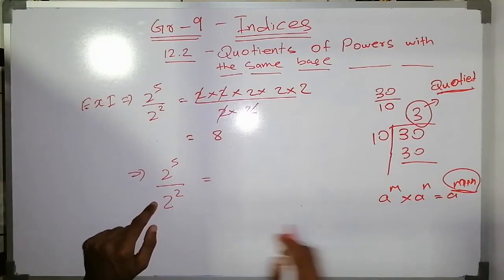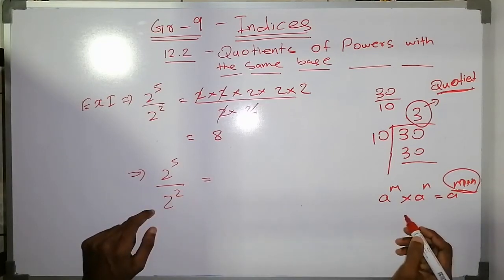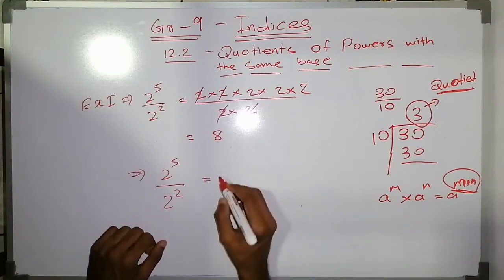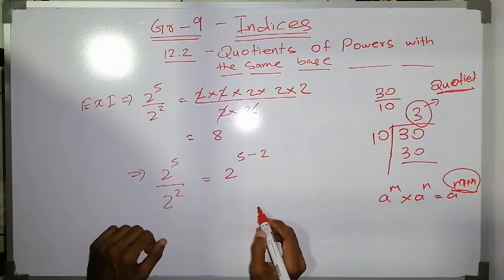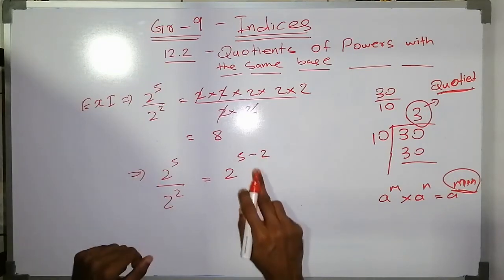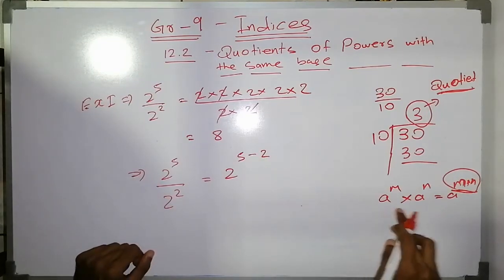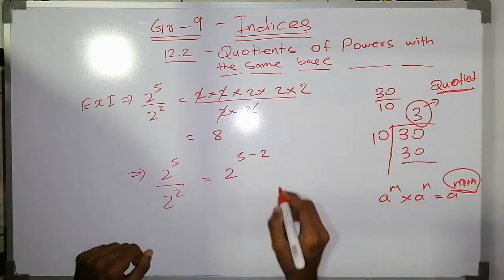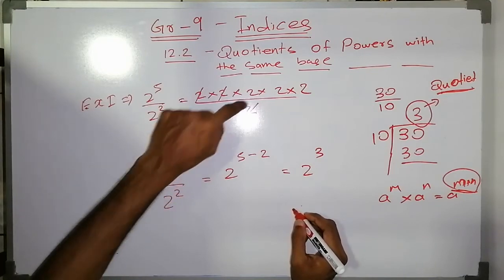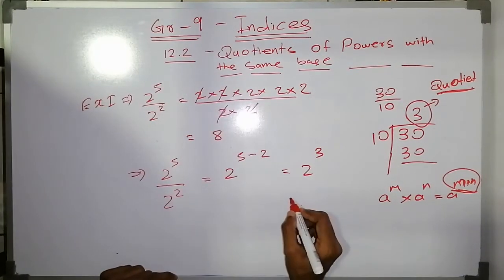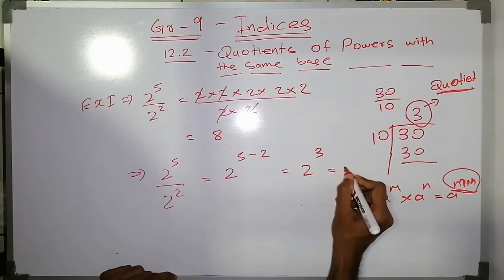Here in division, we should subtract the index. So 2 to the power 5 minus 2. If it is division, you subtract; if it is multiplication, you add. So 5 minus 2 is 2 to the power 3, the same answer. 2 to the power 3 is equal to 8.